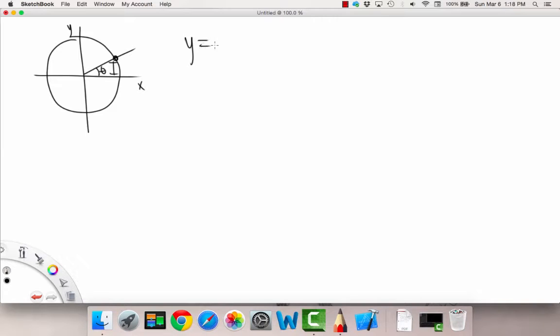Okay, so now let's look at a fun feature of both sine and cosine. Let's do sine first. So here's x and y, and let's say this is theta. Our sine would be this much, so our y value here would be y is equal to sine theta.